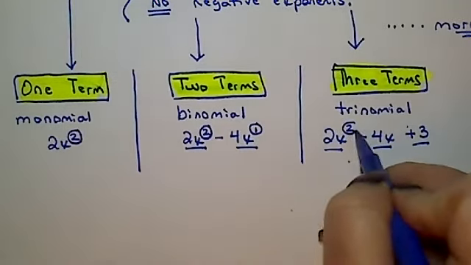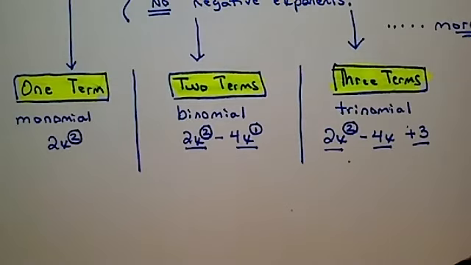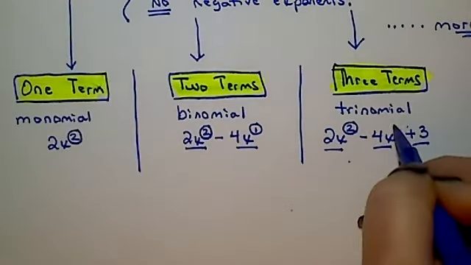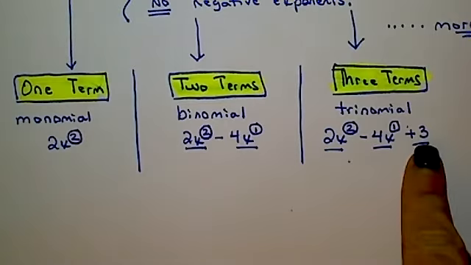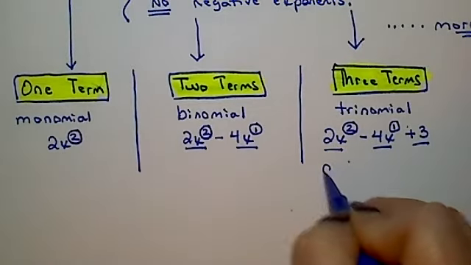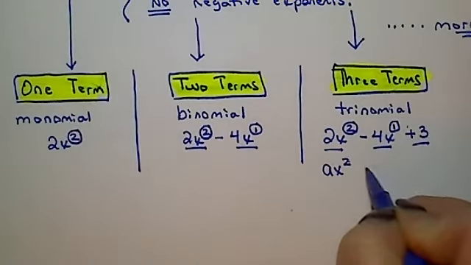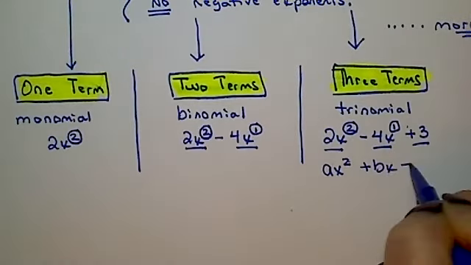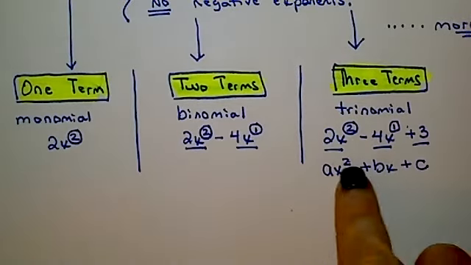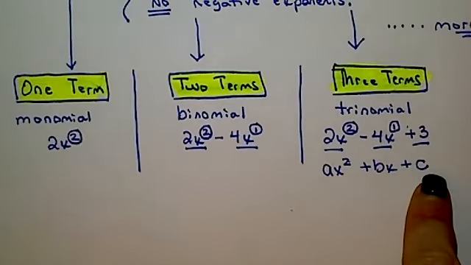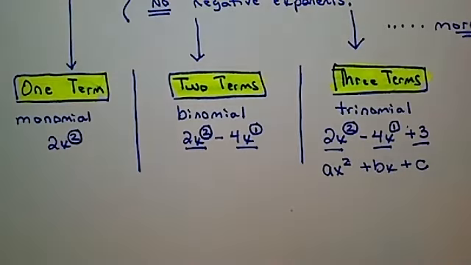So this would start with your highest degree. Degree is another word for exponent, and it goes down to your constant number. So this would be in the form of ax squared plus bx plus c. So it starts with your highest exponent and then it goes downward.